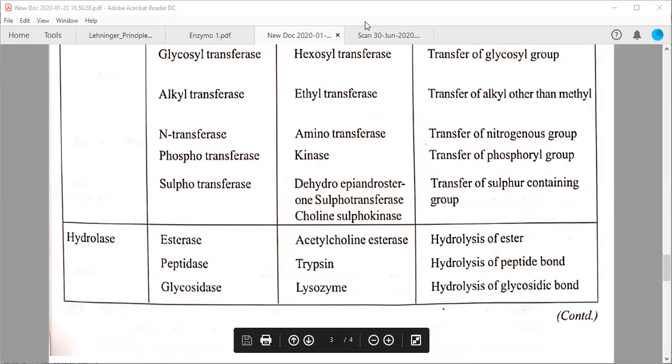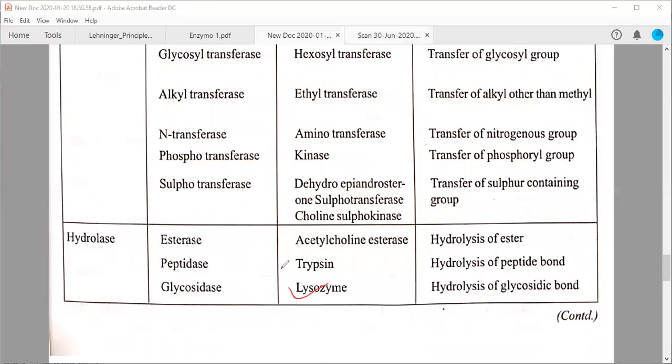These are very important actually. So you need to remember lysozyme and trypsin, and acetylcholinesterase, for example, which is involved in nerve transmission. These are also kinds of hydrolases which use hydrolysis reactions to break down specific molecules, like the hydrolysis of esters, peptide bonds, glycosidic bonds, and so on.